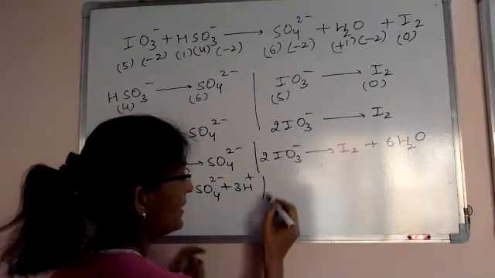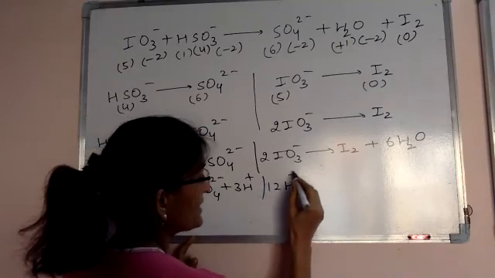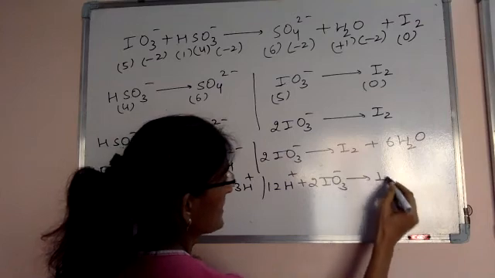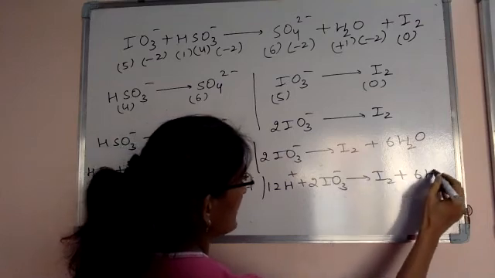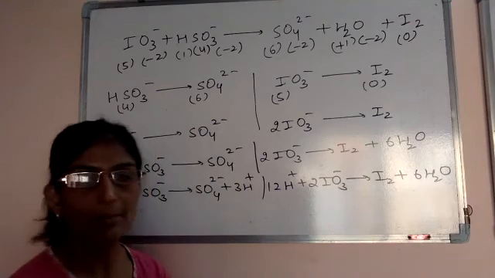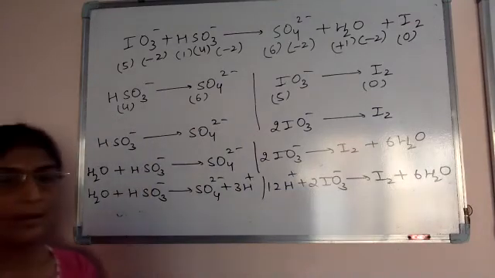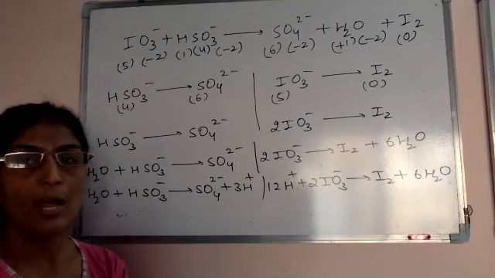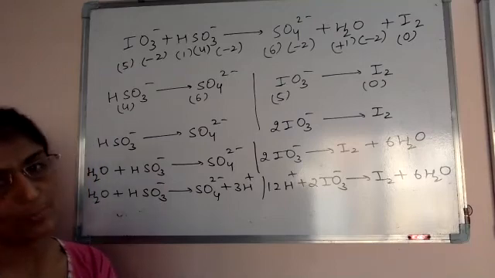So here we have to add 12H plus. 2 IO3 minus gives I2 plus 6H2O. पहले किया था वही किया है. Oxygen balanced by water molecule and hydrogen balanced by H plus.